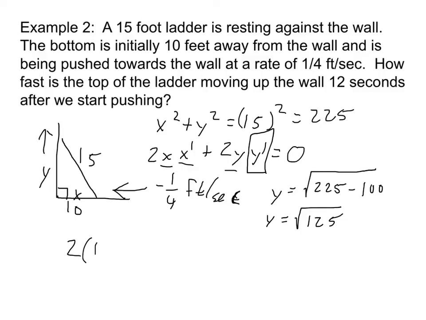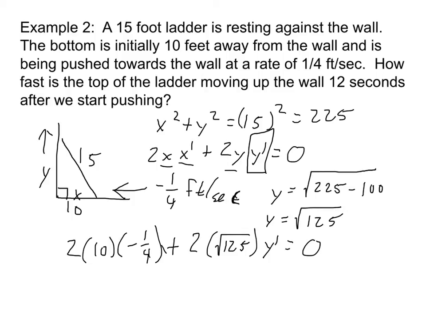So 2 times 10 times negative 1/4 plus 2 times the square root of 125, y prime, equals 0. So if I move that over, I'd add it to this side because it's a negative. So that would be 20 over 4, which is 5.